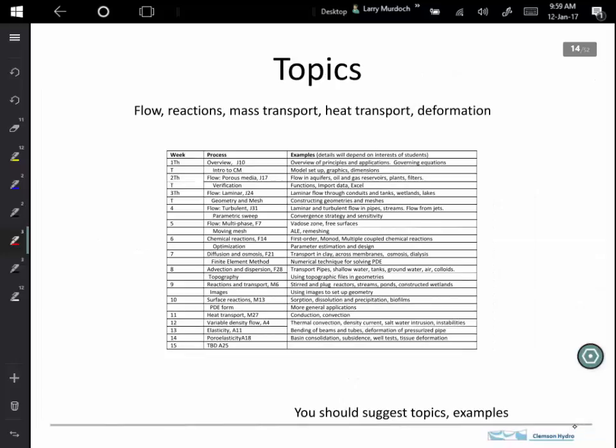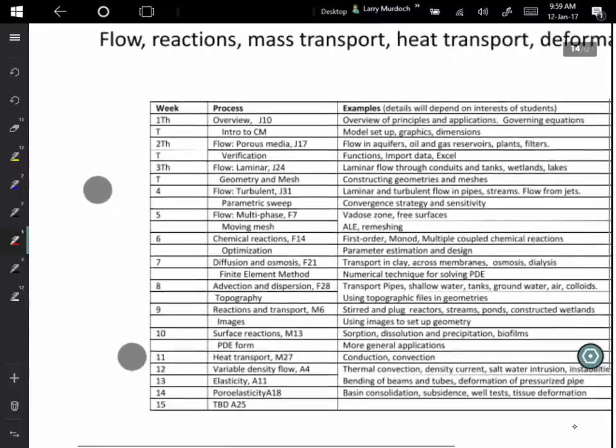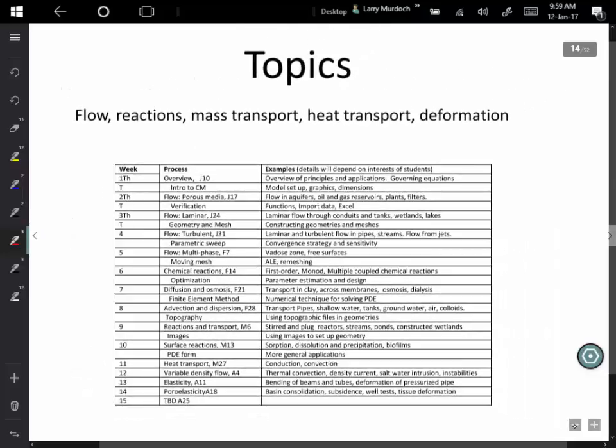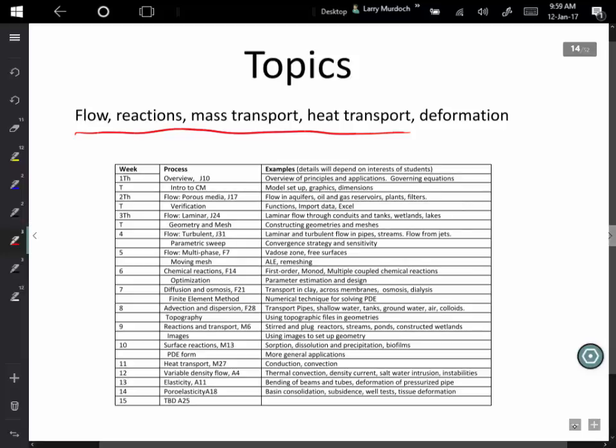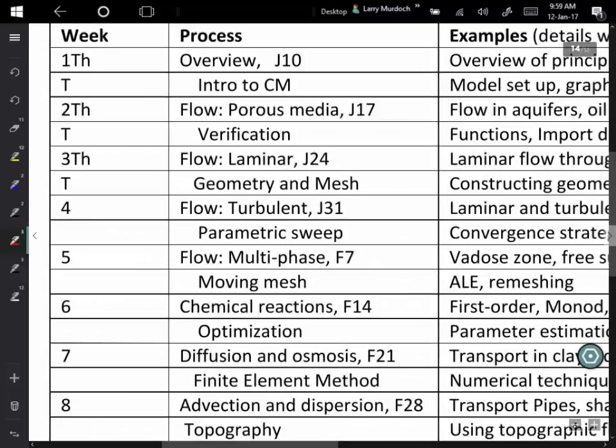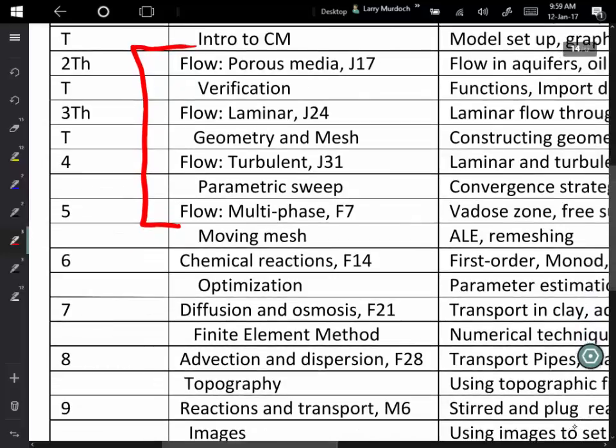Okay, so here are the topics that we're going to cover, broken down by week. These are the main things: flow, reactions, transport, and deformation. You can kind of see right here, these are the topics related to flow, and then we've got some reactions.